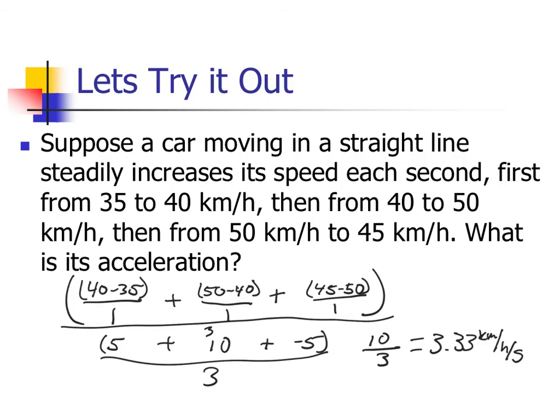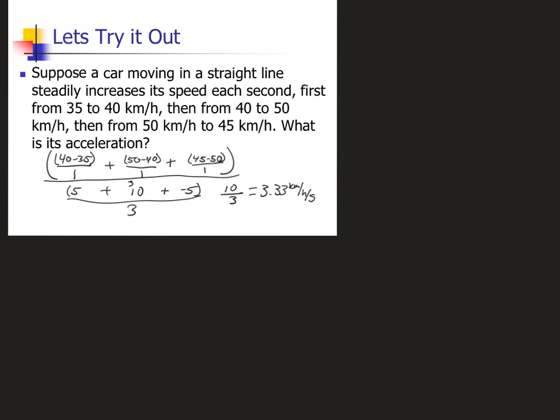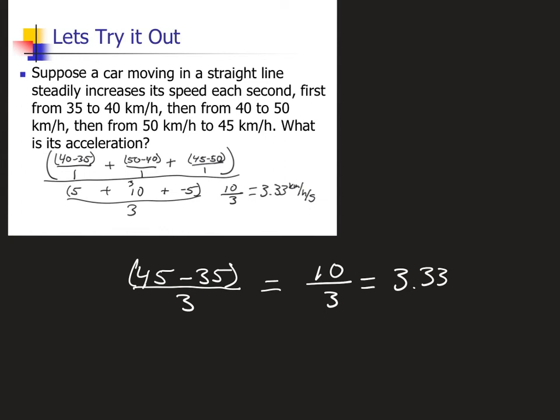Now that's just one method. The other method would be to go from 35 to 45 over 3 seconds, which then means our final would be 45 minus our initial of 35 to then divide by 3 to give us 10 divided by 3, which again will give us 3.33 kilometers per hour per second.